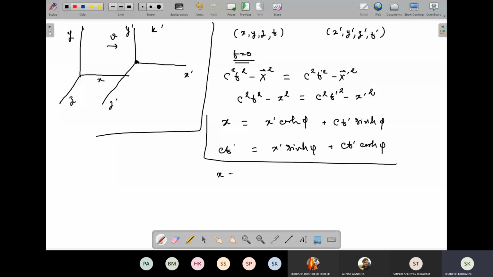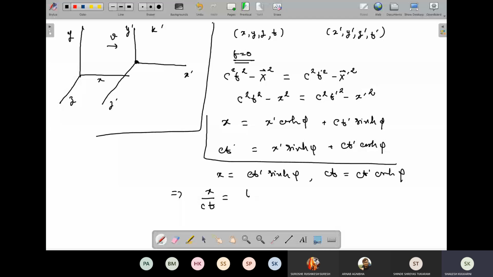x equals ct prime sine hyperbolic phi and ct equals ct prime cos hyperbolic phi. Take the ratio: x divided by ct, the t prime cancels, so x by ct is tan hyperbolic phi.